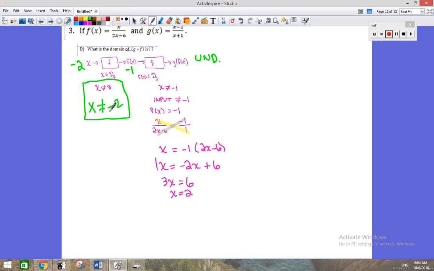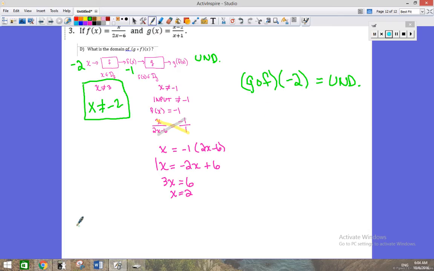We're excluding 2 because 2 leads to a -1, which causes a problem in the second function. You don't get through the assembly line. When we try to evaluate g of f at 2, the output is undefined, and because we're fine with 2 going through the first function f, it's that output of f that does not make it through g.